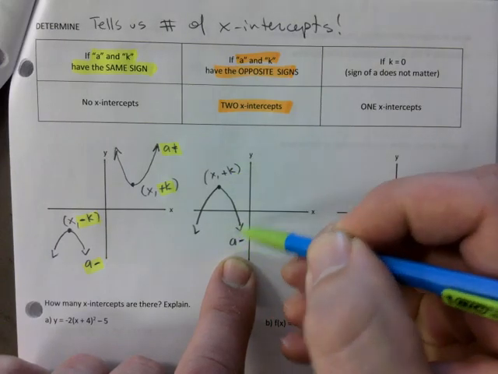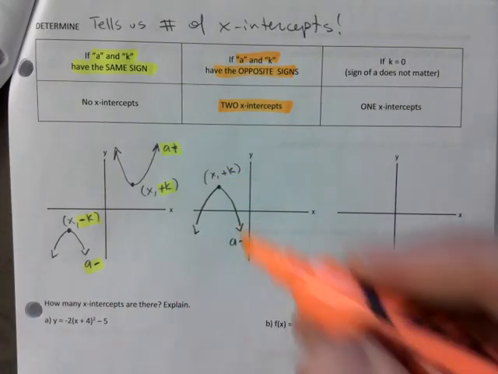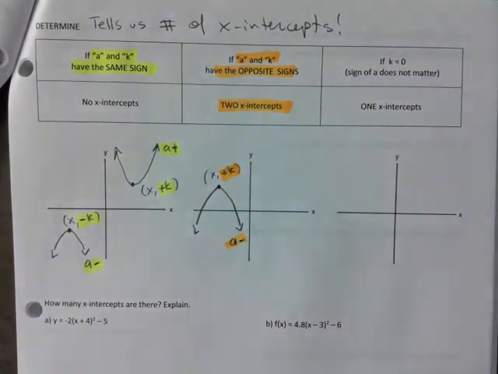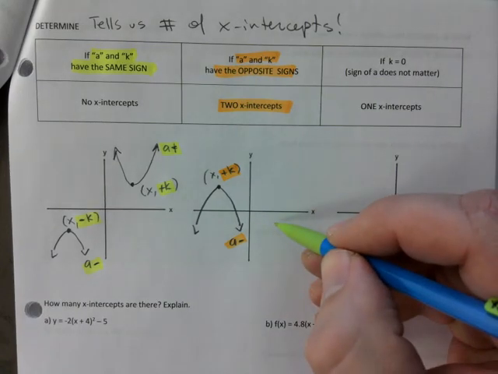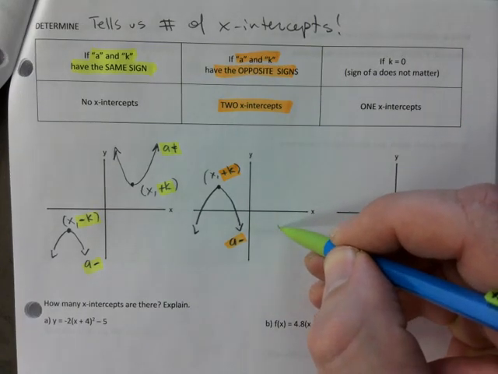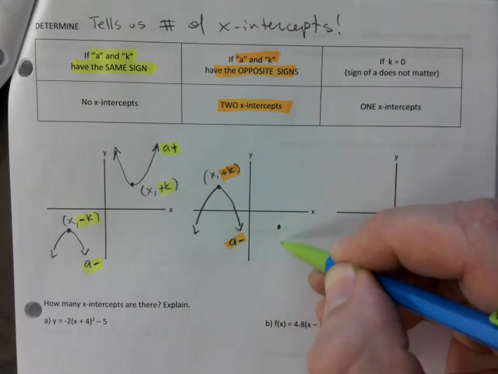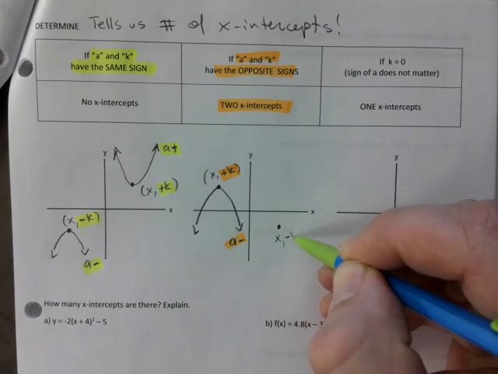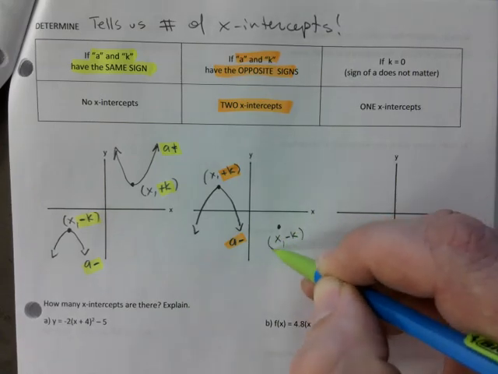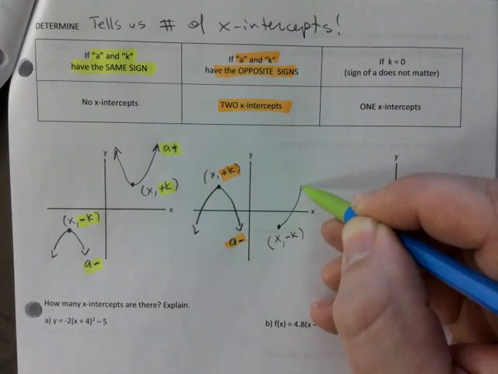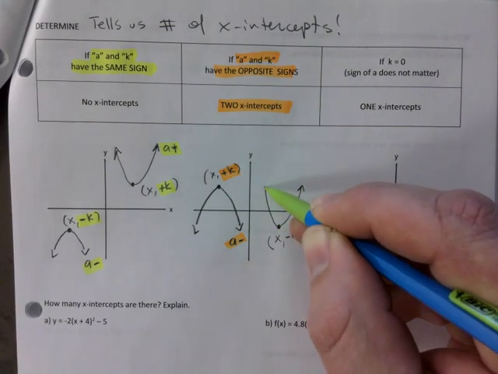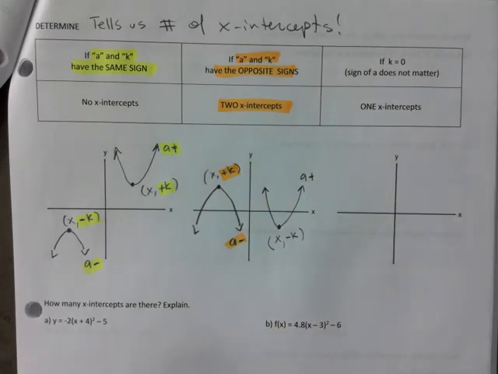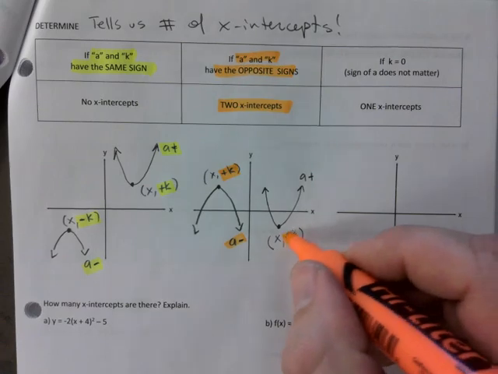If they have the opposite sign, then it's going to have 2 x-intercepts. Similarly, if K is negative, K meaning the y value of the vertex, that's what K is in this case, and A is positive, it's going to cross the x-axis twice here. Okay. And so they have the opposite sign.